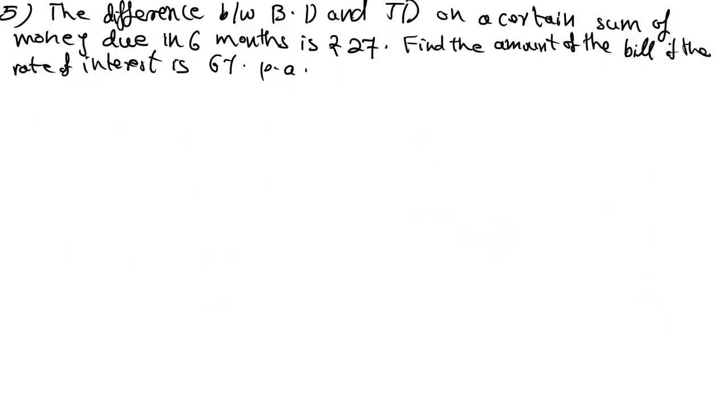The difference between BD and TD on a certain sum of money due in 6 months is rupees 27. Find the amount of the bill if the rate of interest is 6% per annum. BD minus TD equal to 27 rupees, and due means pending, unexpired time.